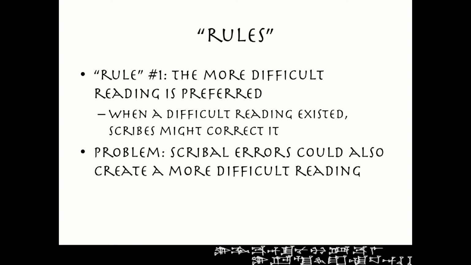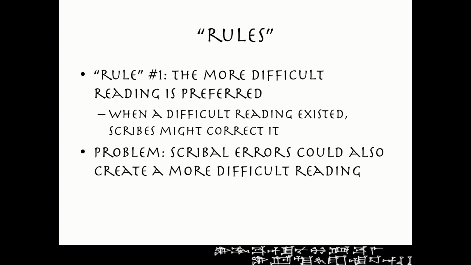So, for example, in that same example, I can just keep going back to it. In one of the lines, I spell the word "and," A-N-G. Well, that's a more difficult reading than A-N-D, and. Of course, that's not a good example, because in that example, that is the original reading.